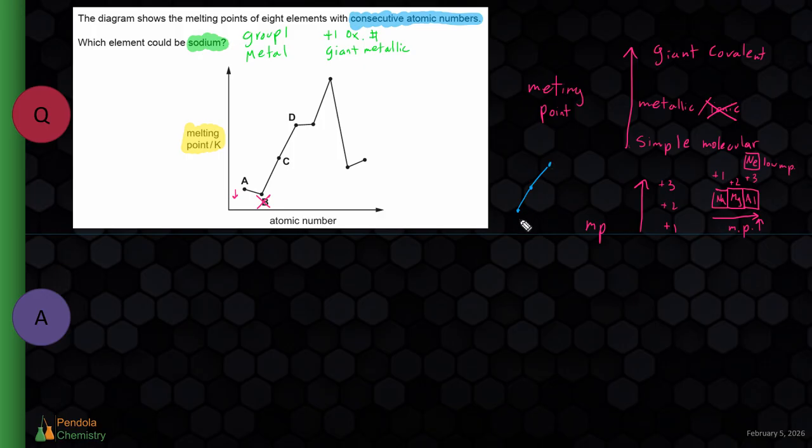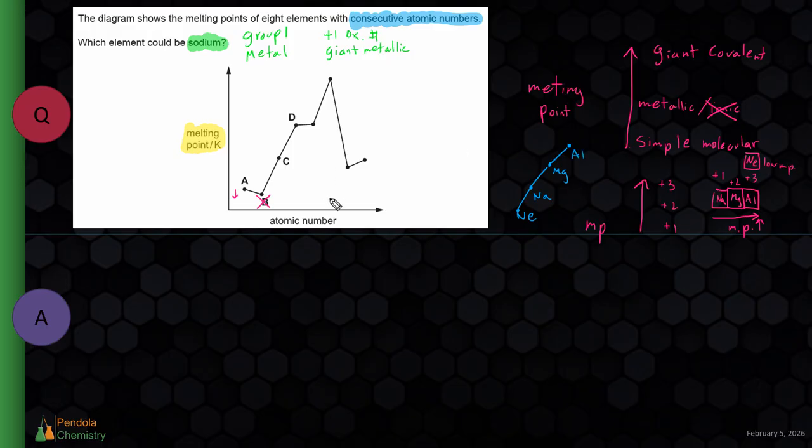So this is Na. No, sorry, this is going to be not Na, but Ne. This is Na. This is Mg. And aluminum, being an even higher charge, +3, is going to be an even higher melting point.